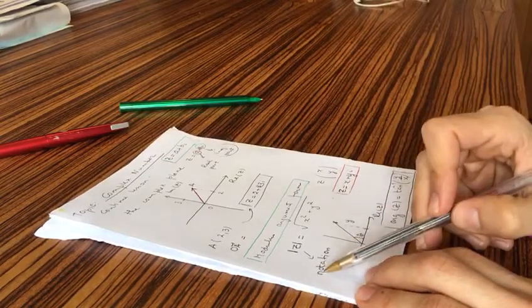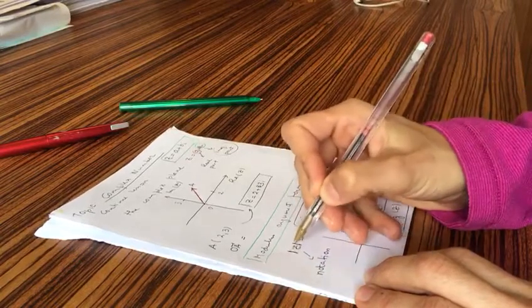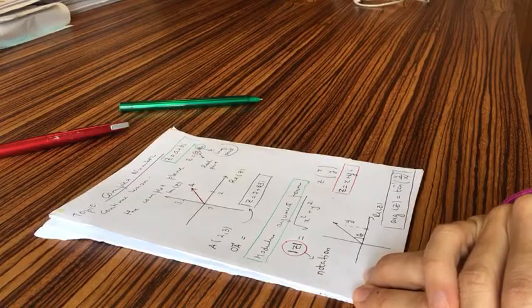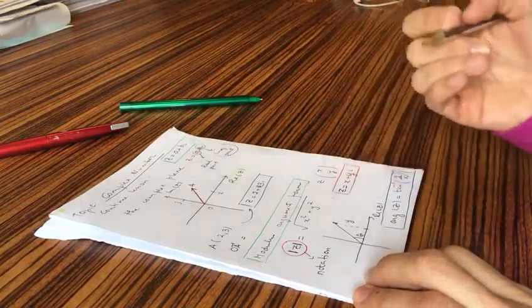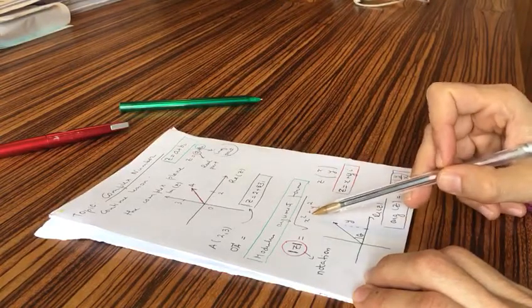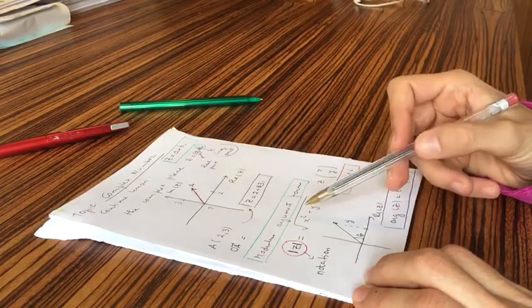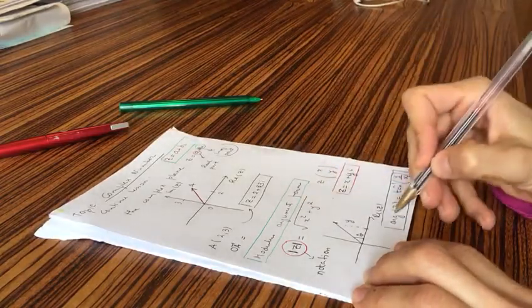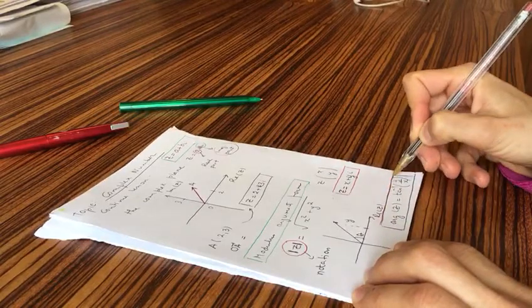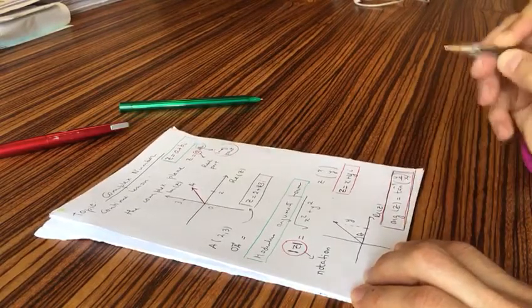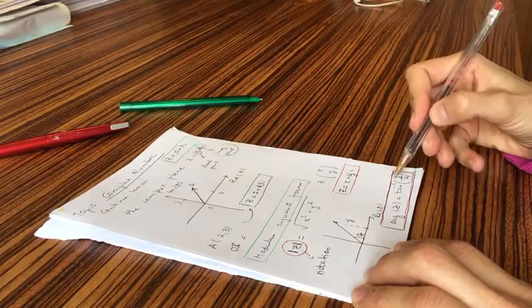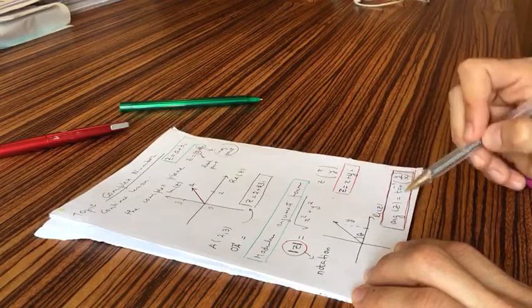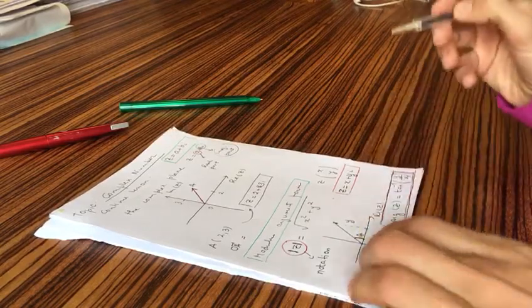And the notation for a modulus is this one, as we know already for the real, and it's given by the square root of x squared plus y squared. And if we want to calculate the argument or the angle of a complex number, we do tan minus 1 of y over x, which is related to trigonometry, the angle of a complex number.